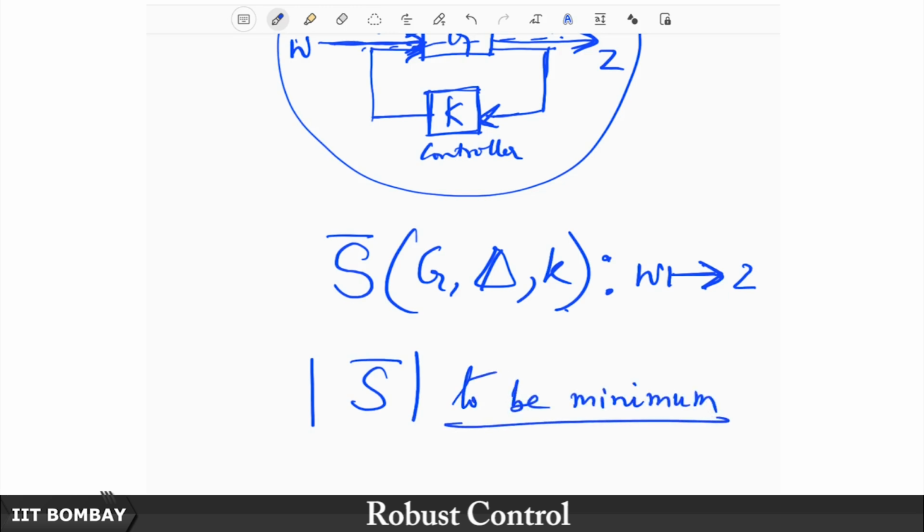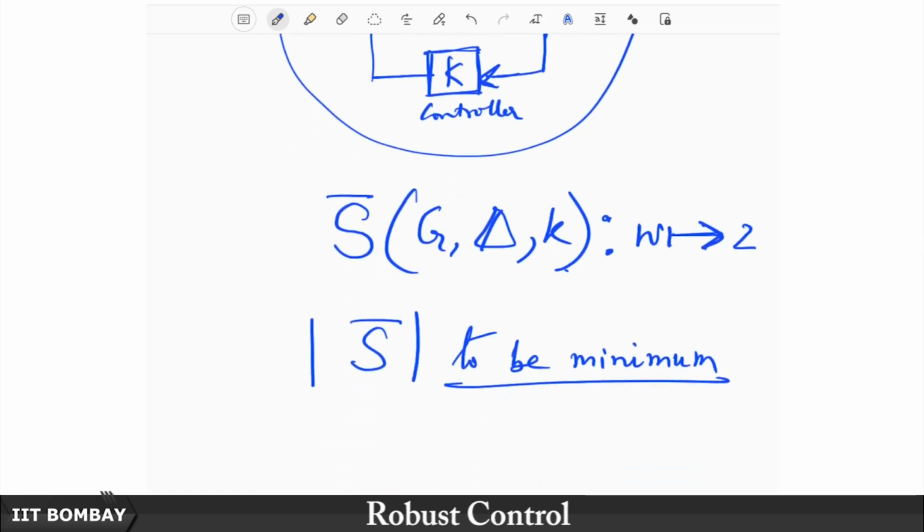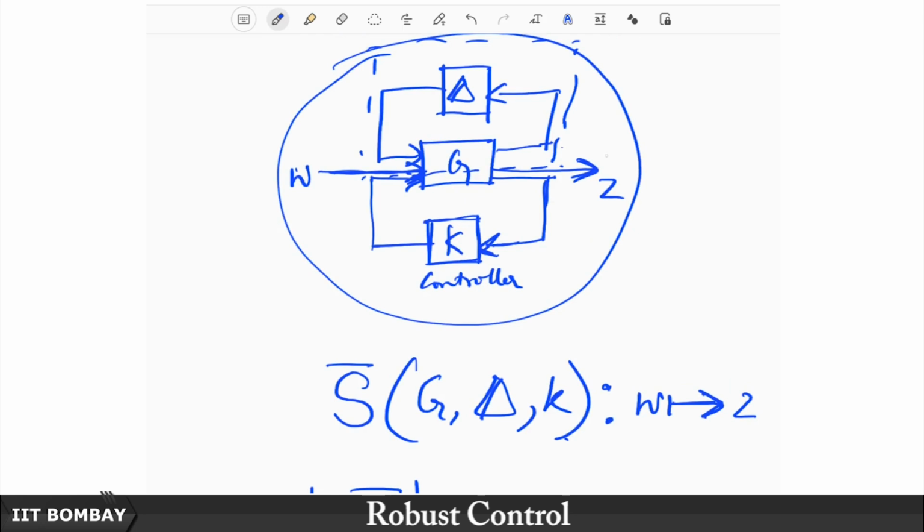What that means is that any external disturbance or any undesirable signal should not be amplified but attenuated. The effect of any undesirable external signal that is coming into this system should be attenuated at the output.